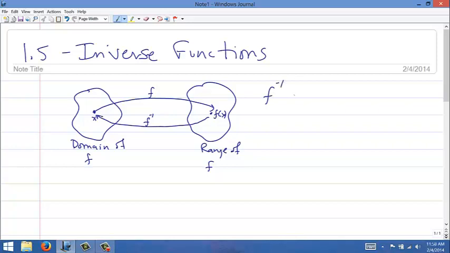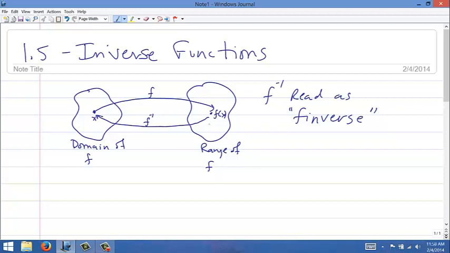This is read as f inverse. And again, it's the inverse map of f. It undoes f.